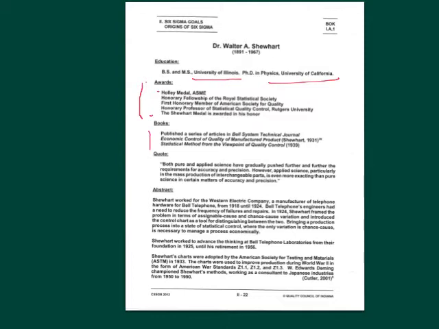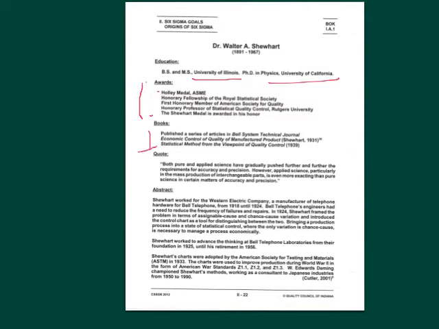To name a few, number 1, published a series of articles in Bell Systems Technical Journal when he was working there. The second one, Economic Control of Quality of Manufactured Product.